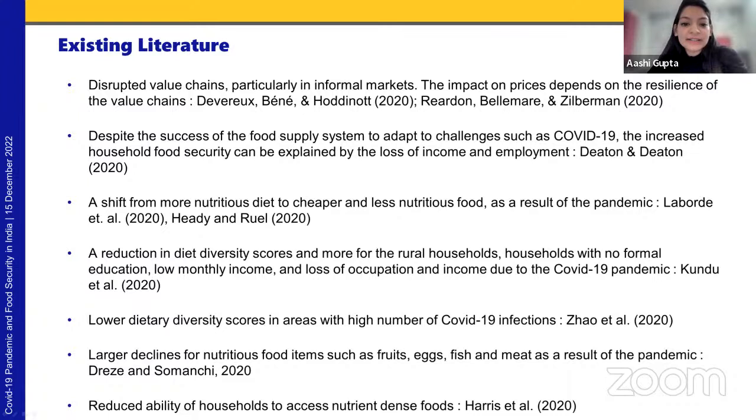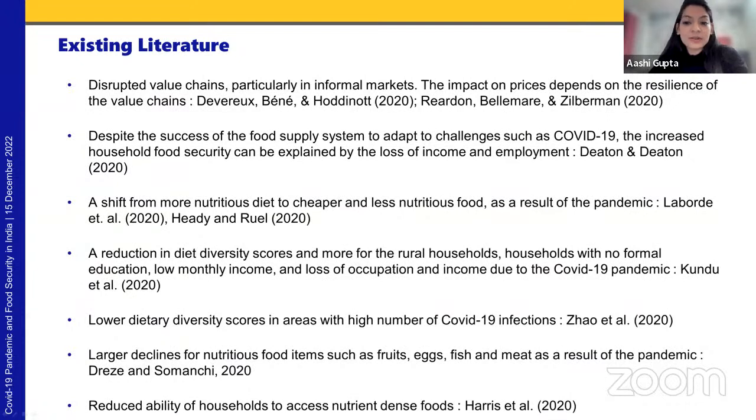A host of studies have attempted to assess the impact of the pandemic on food composition as well as nutrient intake. These have suggested a shift away from the more nutritious diet to cheaper and less nutritious food, reduction in dietary diversity scores, and more so for rural households, households with no formal education and low monthly income, as well as the households in areas with a high number of COVID-19 infections.